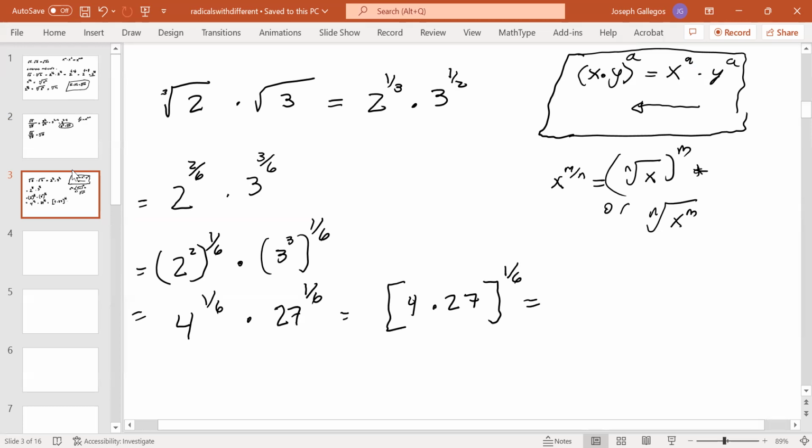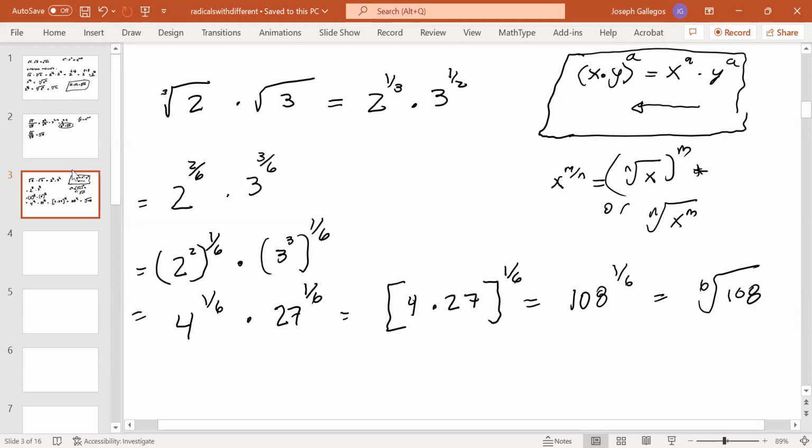And what is 4 times 27? Let's see. 4 times 27 is 108. So we have 108 to the 1/6, which is the same as the 6th root of 108.